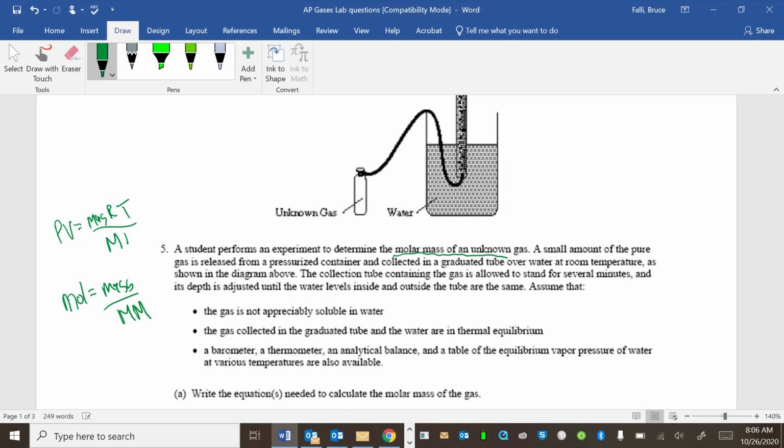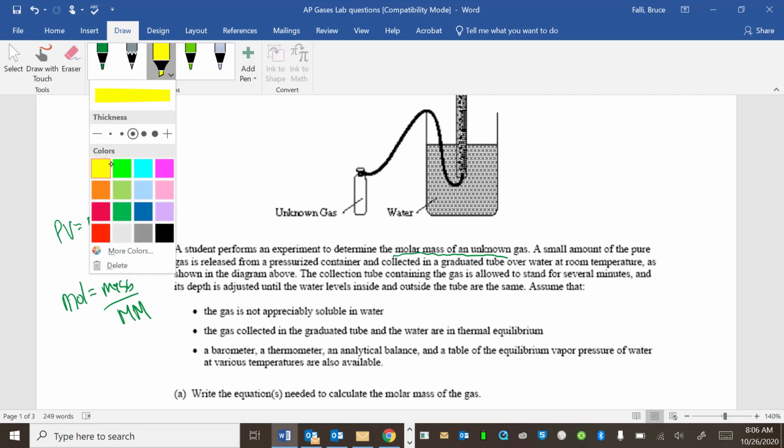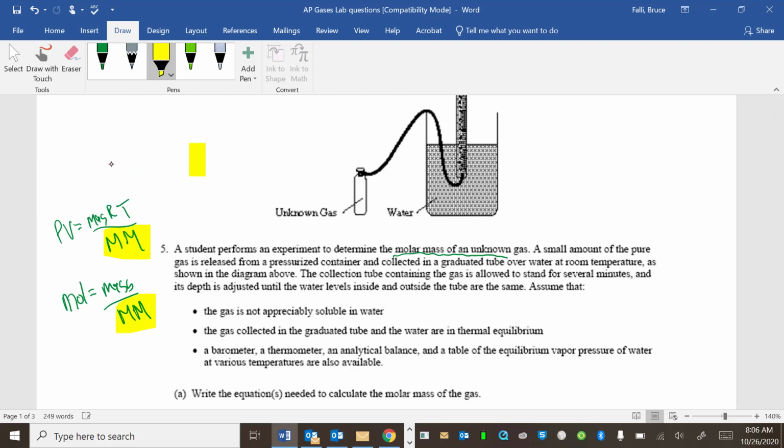You can see that mass over molar mass is in both of them. So I think equations right away when I can tell something's a lab situation like this.